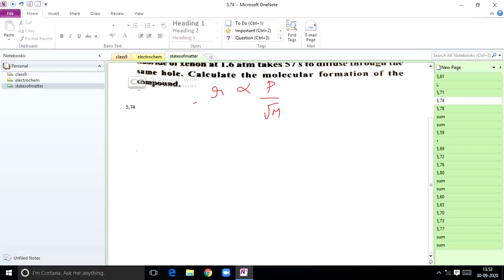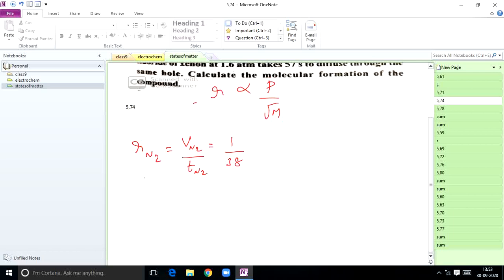And here, rate of diffusion of nitrogen gas is equal to volume. It is given 1 mole of nitrogen gas at 0.8 atmosphere takes 38 seconds to diffuse through. So rate is volume of nitrogen gas diffused by time taken for diffusion of nitrogen. Volume is nothing but moles, you can take 1, and time taken for diffusion is given as 38 seconds.